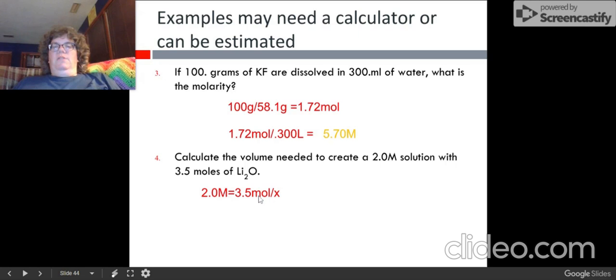Remember, molarity is moles divided by liters, and liters is what I need to calculate, right? Calculate the volume. When I work this problem through, do a little algebra magic, I get that X is equal to 1.8 liters. So in order to create this 2.0 molar solution with 3.5 moles of lithium oxide, I need 1.8 liters of water. That makes it work out correctly.